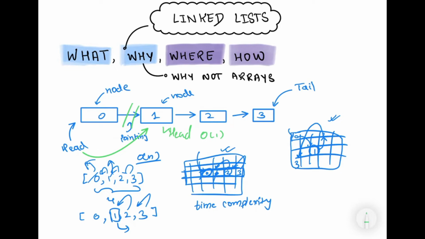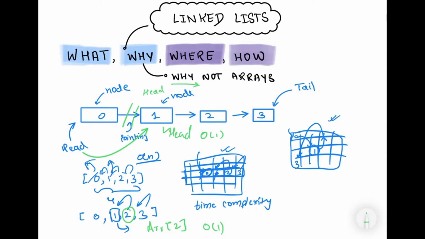But linked lists have their negative points as well, because in arrays you can access an element, let's say ARR of 2, that is this element, in O of 1. You can directly access an element at any index in O of 1, but in a linked list you always have to start from head and go down the line using the pointers.